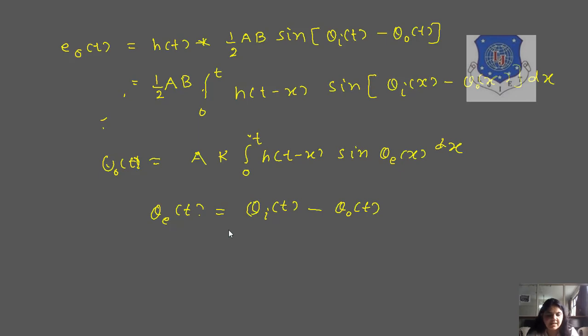So this is the equation for the loop filter, and for the block diagram we have taken, this is the PLL equation. We can also say that the loop filter we are designing has the response H(s) and the gain AK.